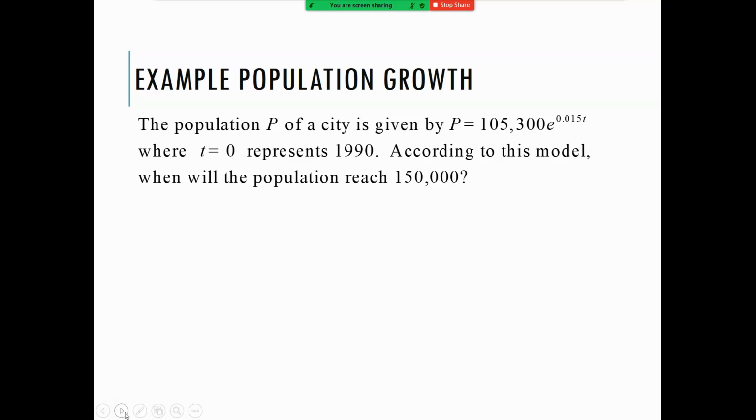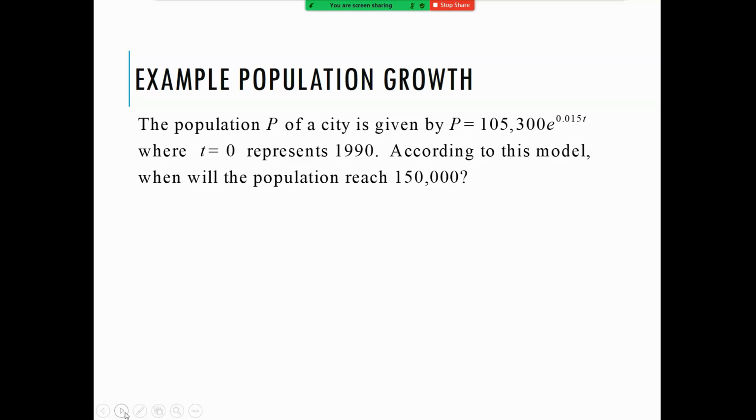We can also look at population growth problems. Population growth is where you have a function that's growing exponentially. So in this case, we have the population of a city. The city population is growing at the given rate. T represents the year 1990.